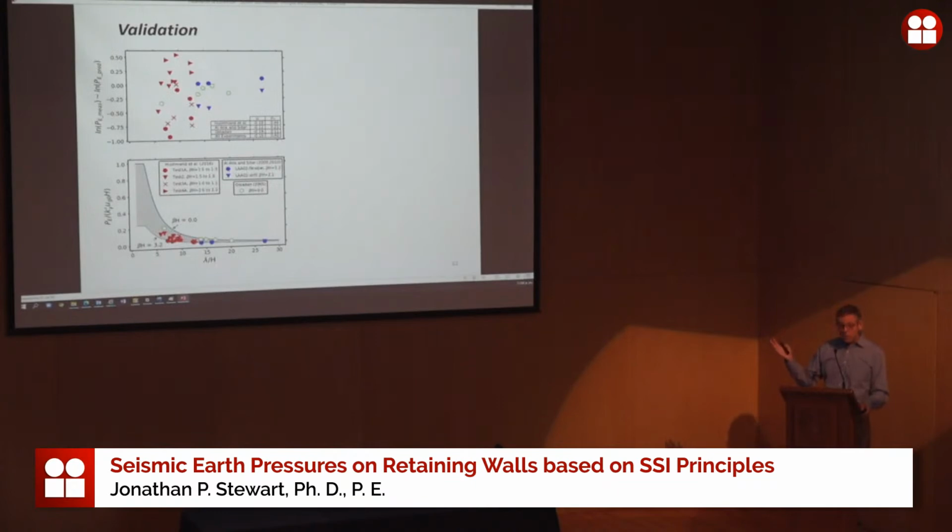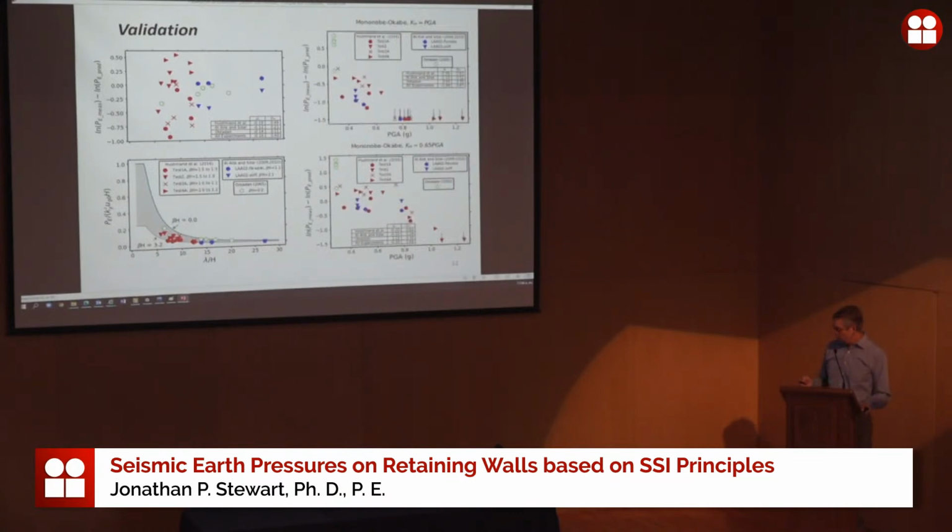So this looks pretty good, but I think to have some context, how well would Mononobe Okabe work if you applied it to these same analyses and experiments? So what you're looking at is the residuals for Mononobe Okabe, where you use the PGA as the seismic coefficient. And for a substantial number of these experiments, there is no solution.